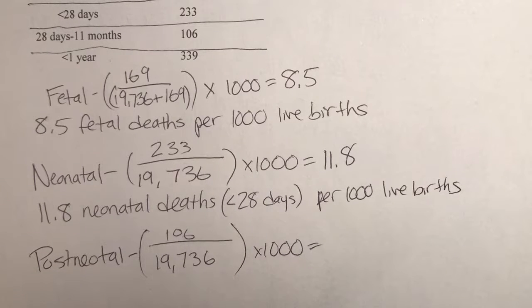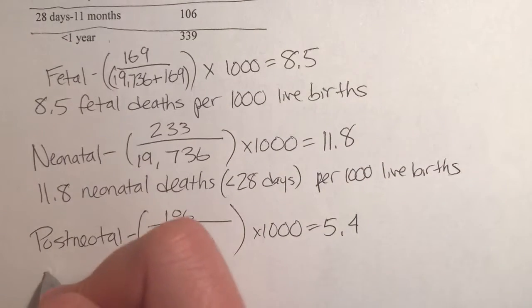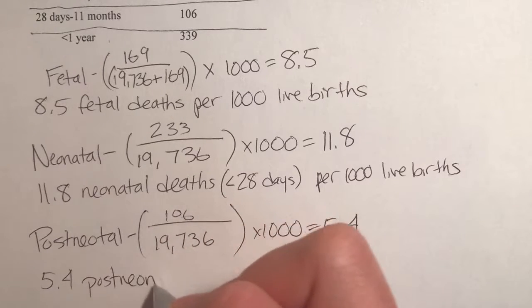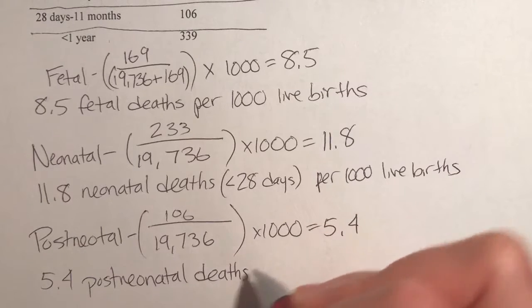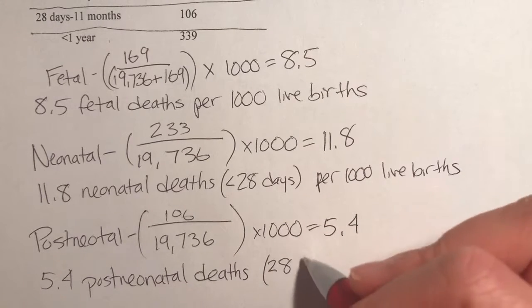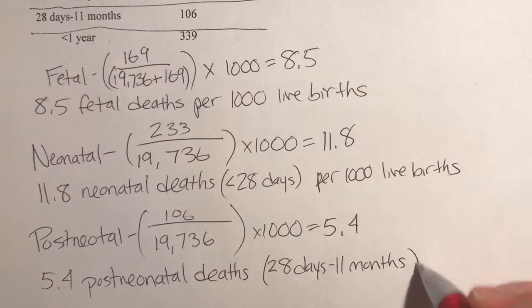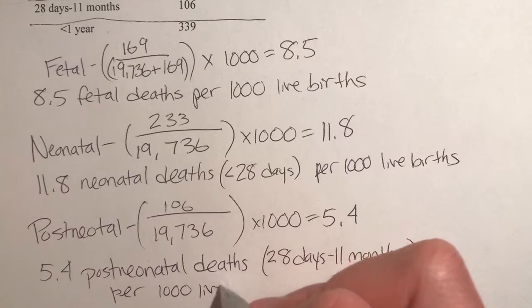When we plug this into our calculator, we get 5.4 with rounding. So that gives us 5.4 post-neonatal deaths. Again, we put in parentheses what that means: 28 days to 11 months, per 1,000 live births.